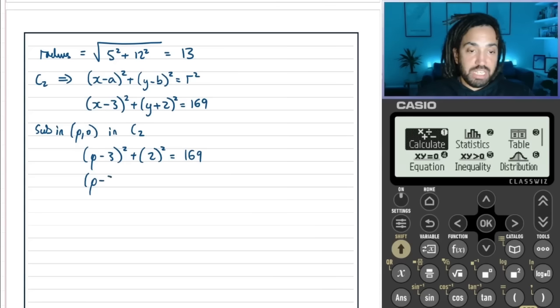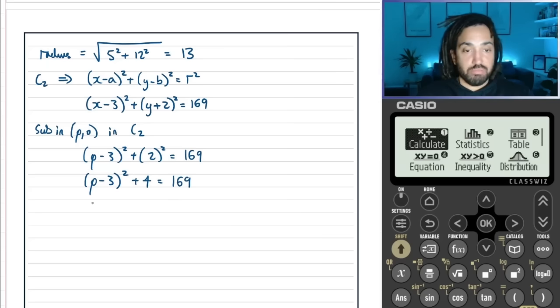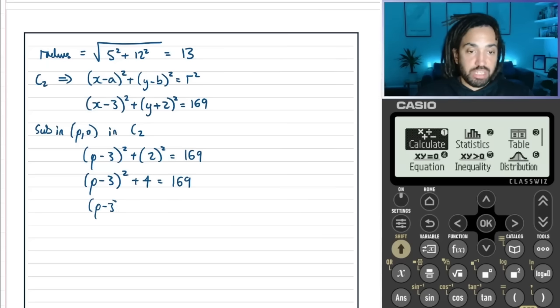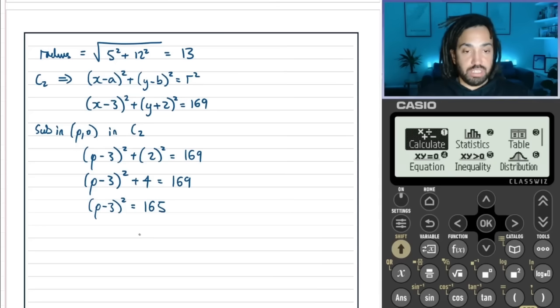So that gives us P minus 3 squared plus 4 is equal to 169. So P minus 3 squared is equal to 165, like so.